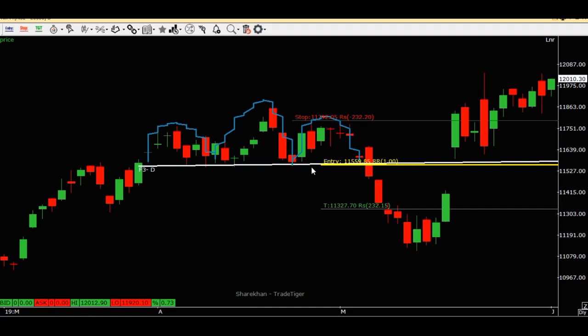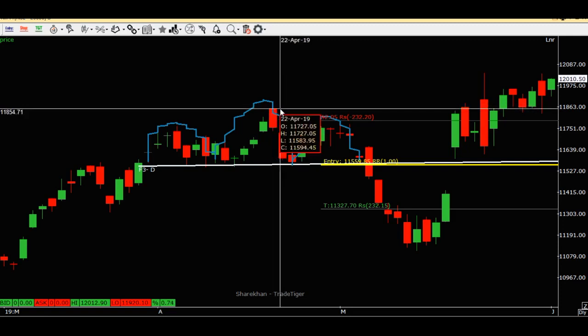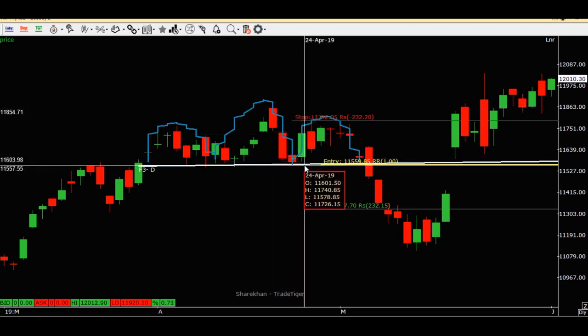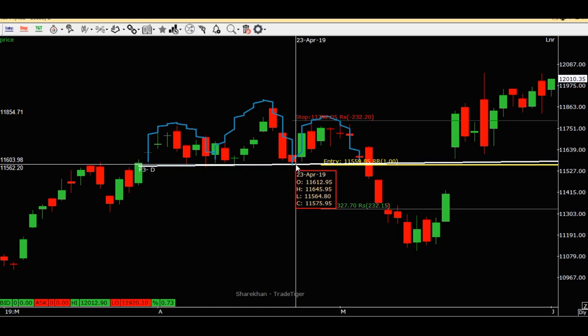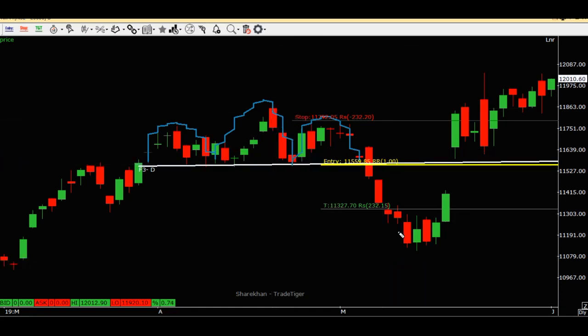And now my final target would be from the high of the head to the neckline, right? We calculate that distance. And this target would have also achieved somewhere here, right? So in about 4 or 5 days, 1 week, your entire target would have achieved and you would have exited the trade right here.